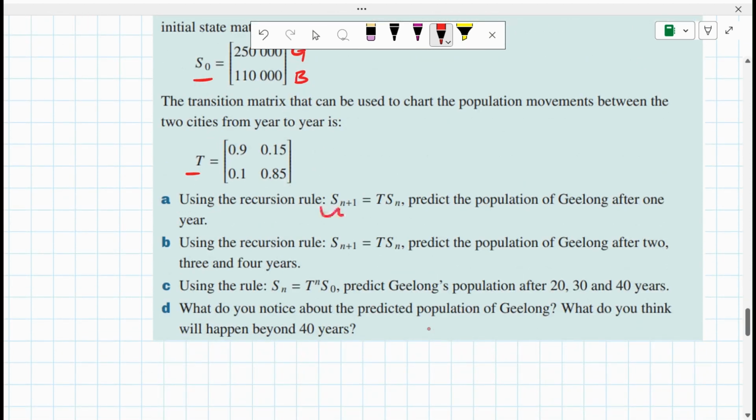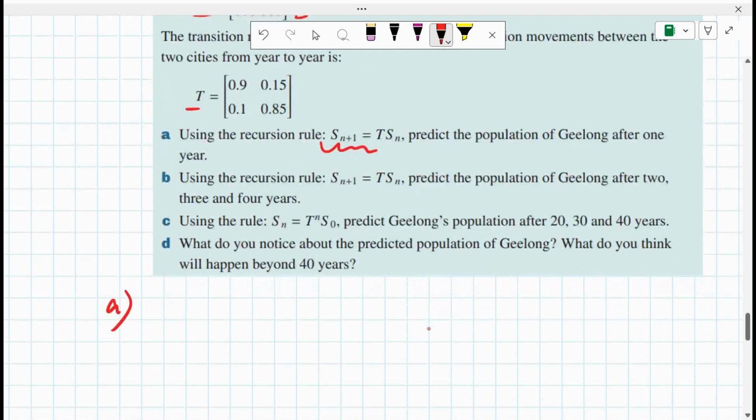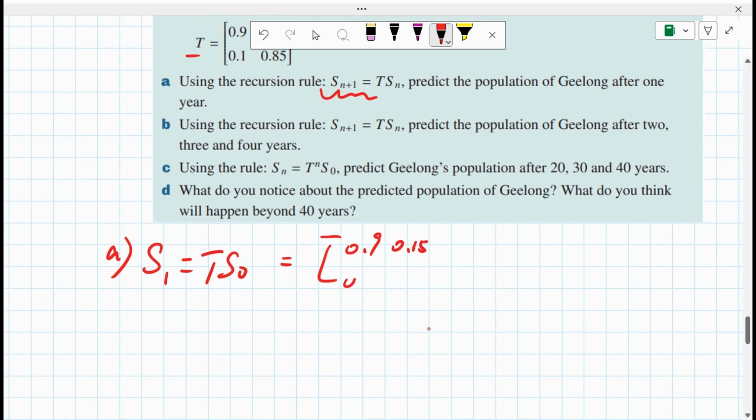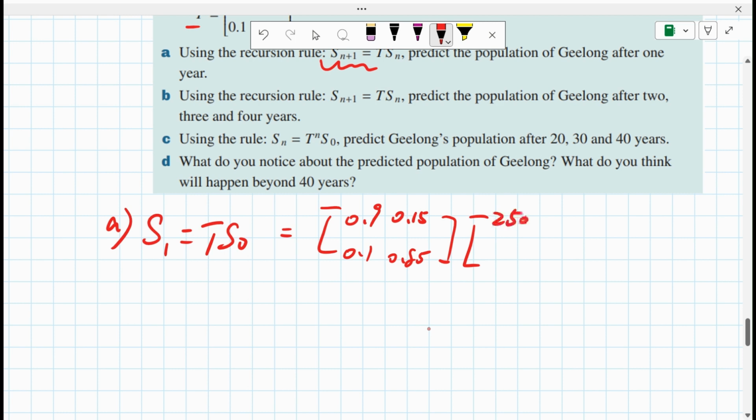Now, first one. Using the recurrence rule S n plus 1 equals T S n, we're going to find the population after 1 year. So S1 equals T S0, which equals the matrix 0.9, 0.15, 0.1, 0.85 times 250,000 and 100,000 people.